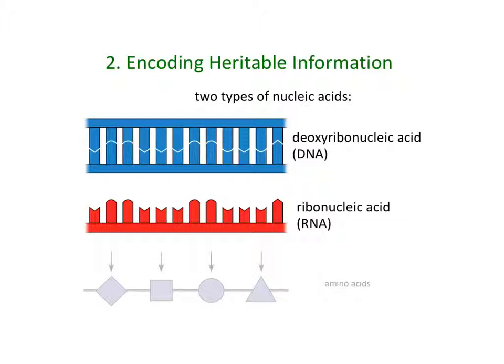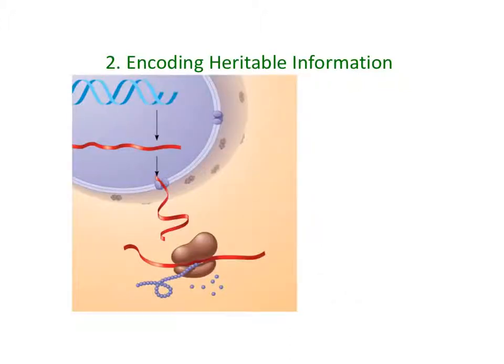So there's deoxyribonucleic acid, or DNA, or ribonucleic acid. And the main thing I want you to take home from that is that DNA encodes the information. Basically, it works as a library, storing the information on how to make proteins.